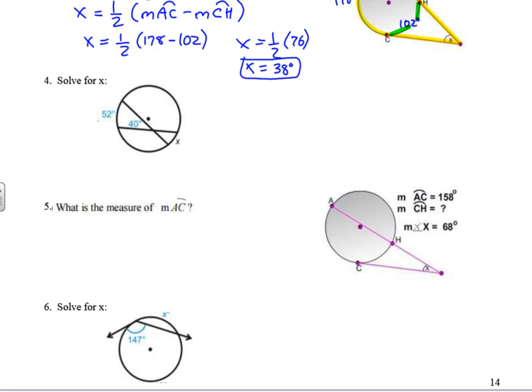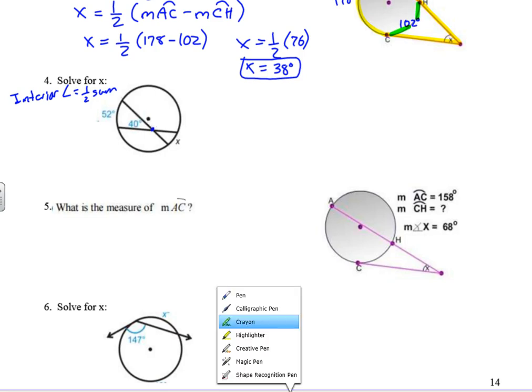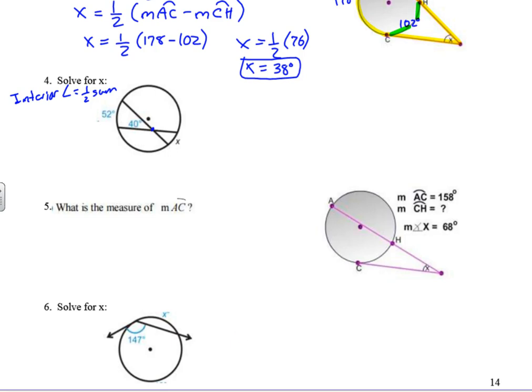Now, what's going on here? We've got an interior angle, different than a central angle because it's not at the center. The interior angle is half the sum. If we extend these out, we see that it's going to intercept this arc here and this arc.